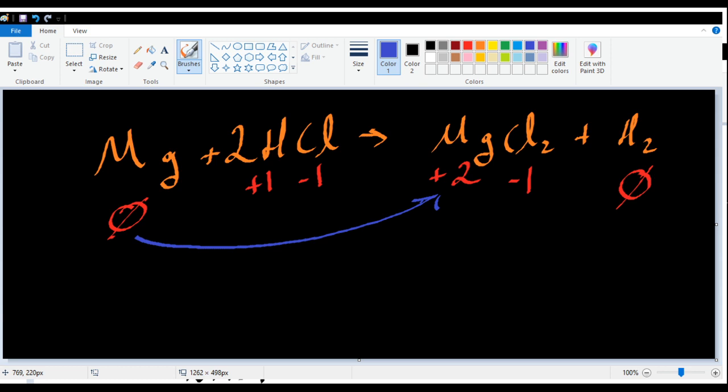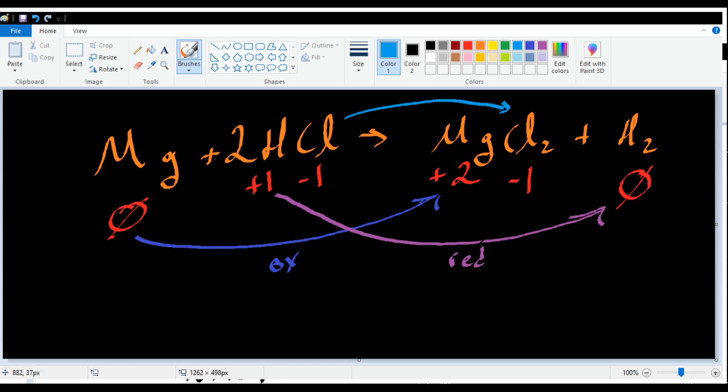So it is being oxidized. Over here we have hydrogen. Hydrogen is going from +1 down to 0. It is being reduced. And then we have our chloride as a spectator.